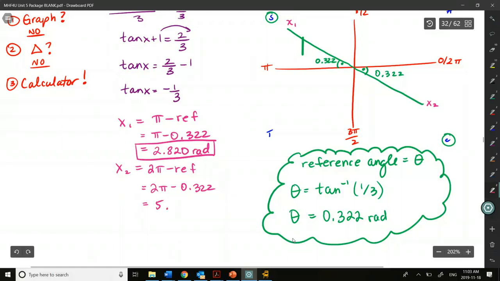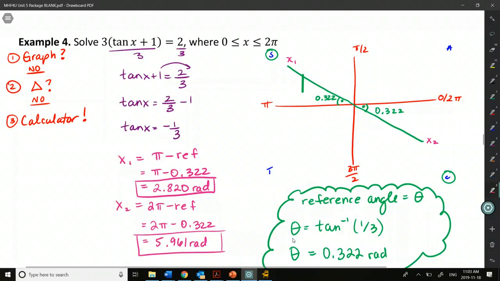Everyone else get that? Pierce? You got 5.951? Okay, let's get somebody else to check this. 2 pi minus 0.322. Make sure we get the right answer. Sorry, I made a mistake. Okay. So that one's probably good.